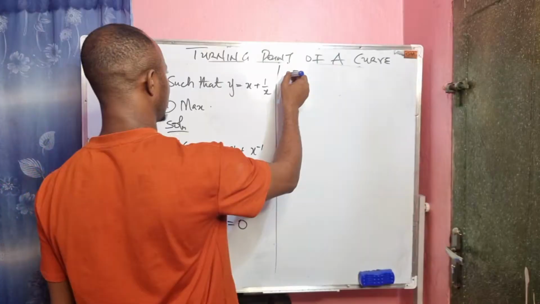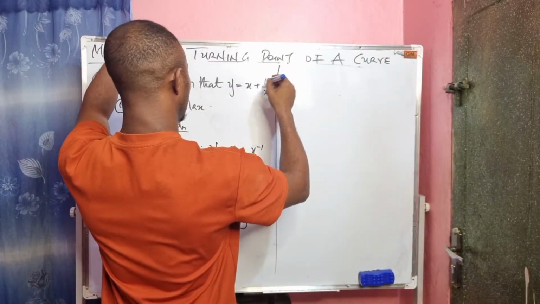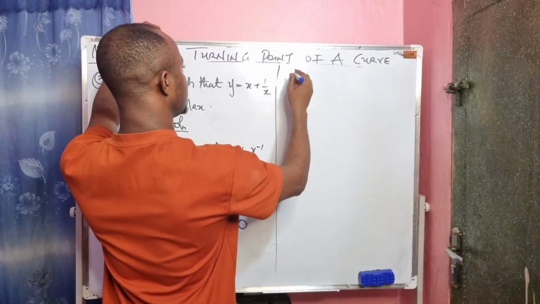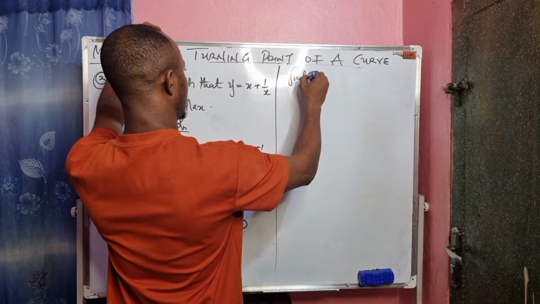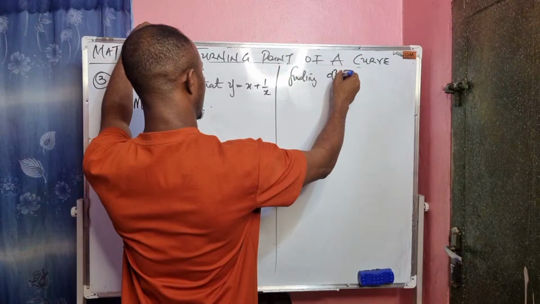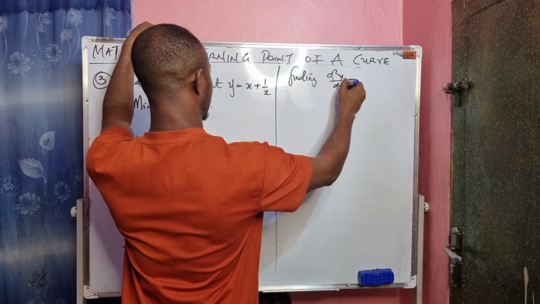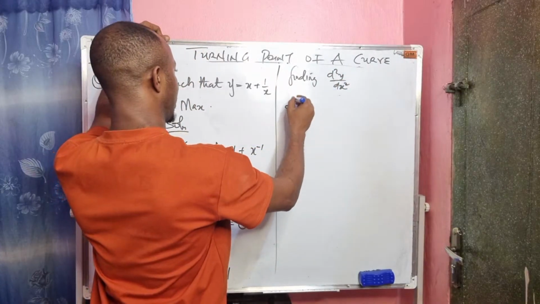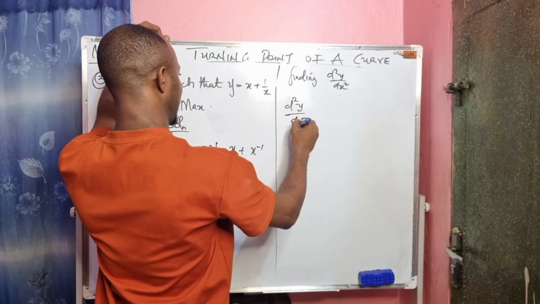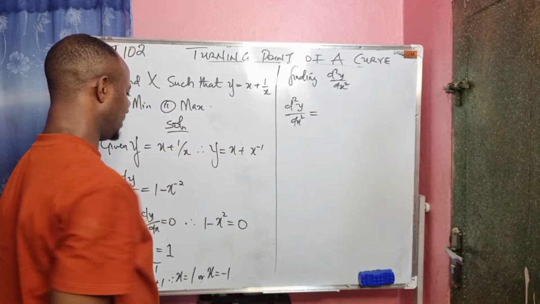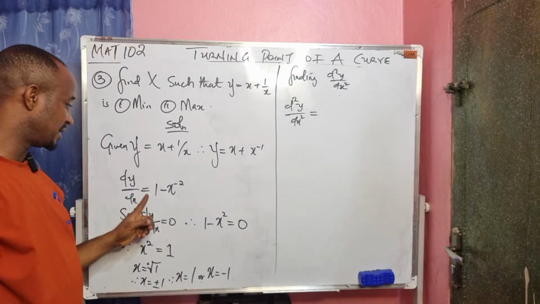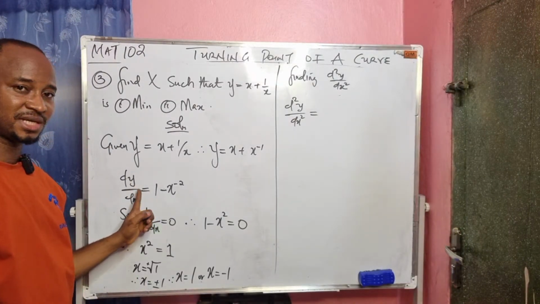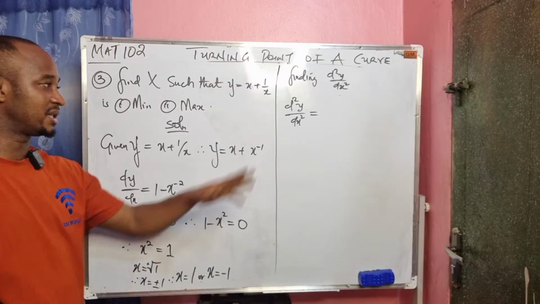Okay, it means I have to further differentiate, finding the d2y over dx squared. So d2y over dx squared will give us, I'm going to further differentiate this, right? This is dy/dx, the first derivative. So let's find the second derivative.